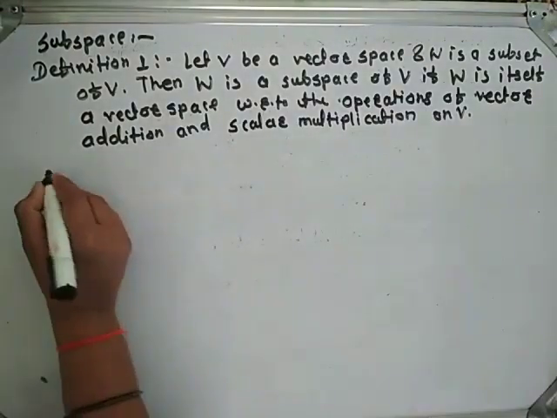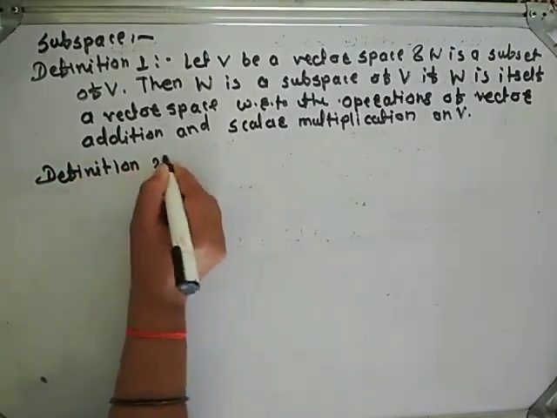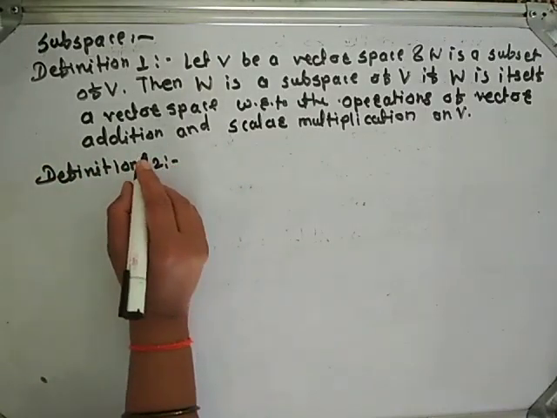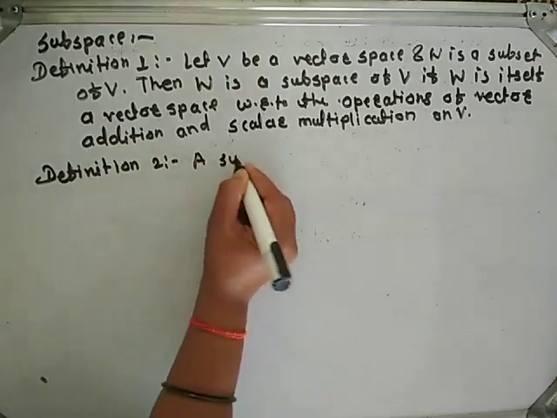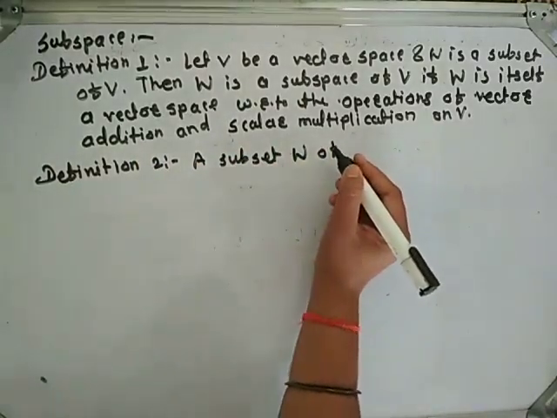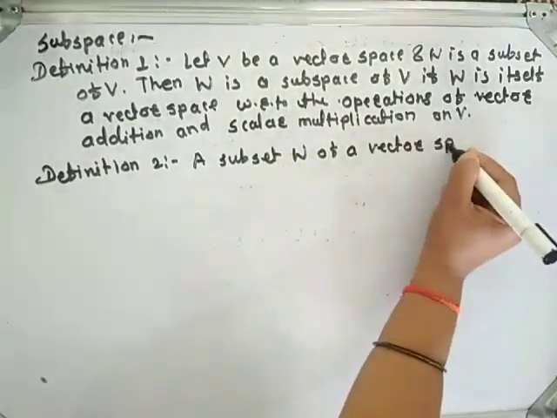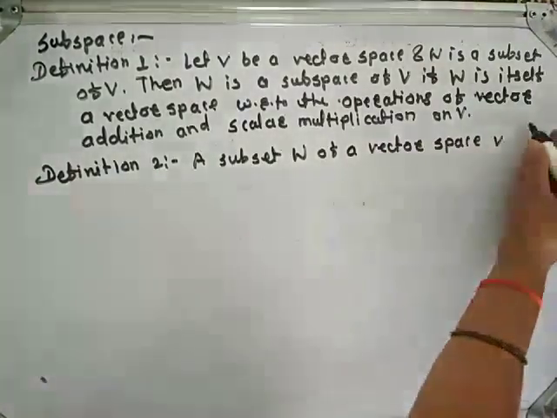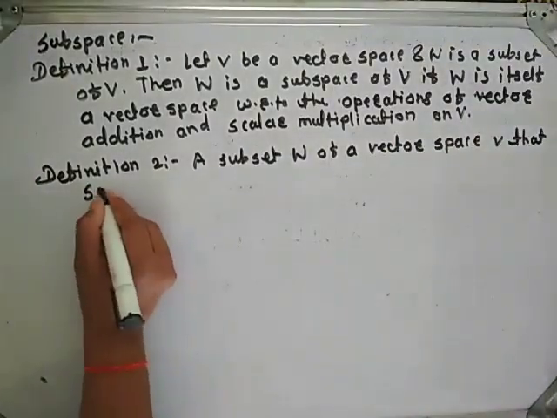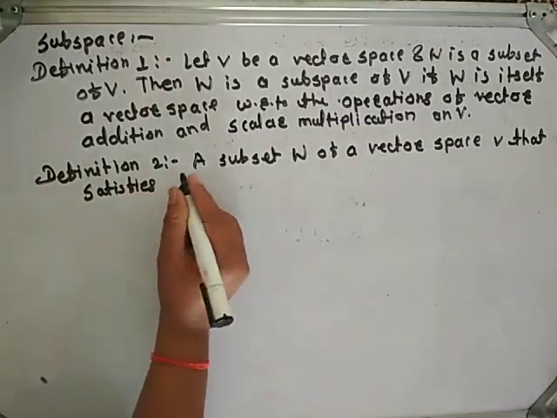Okay. Let's take definition 2. A subset W of a vector space V that satisfies the following three properties.